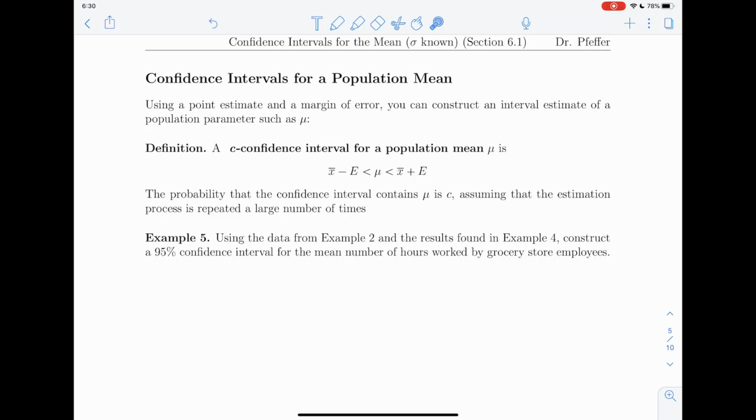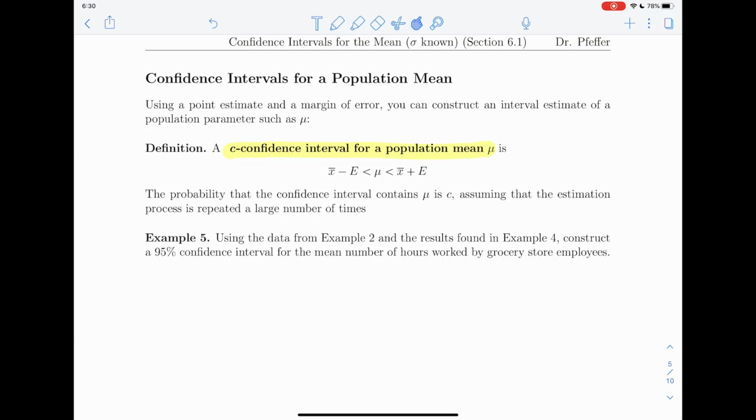We build out an interval where the rightmost endpoint is x bar plus E, where E is that margin of error, and the leftmost endpoint is x bar minus E. This is referred to as a C confidence interval for the population mean. In particular, this means that the probability that the confidence interval we build contains this fixed number, the population mean mu, is going to be C.